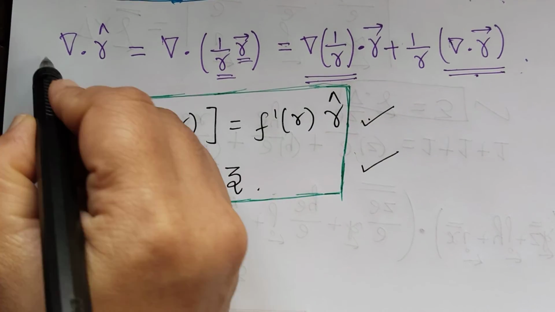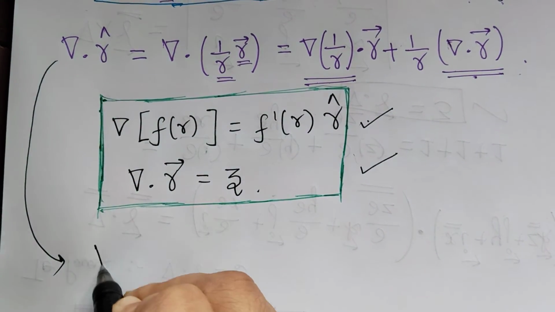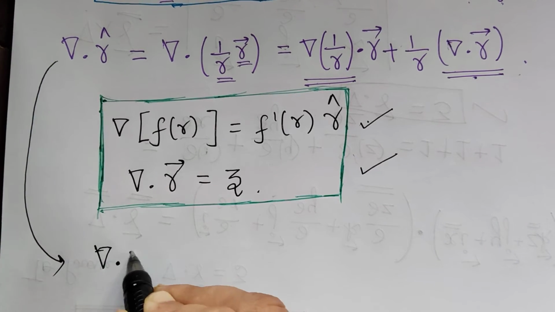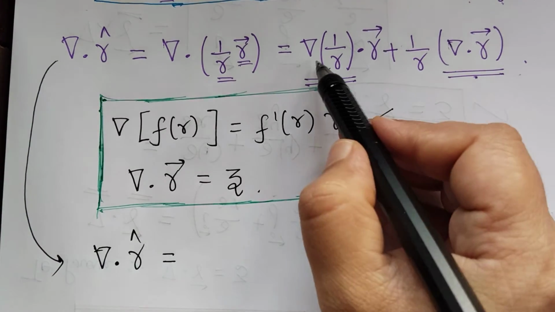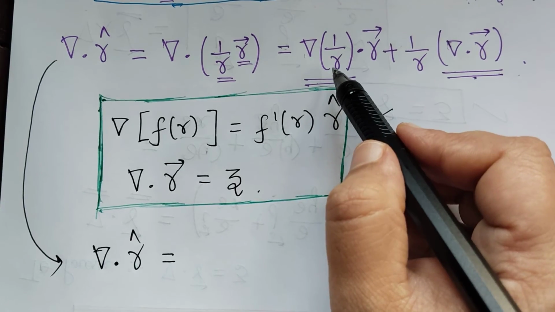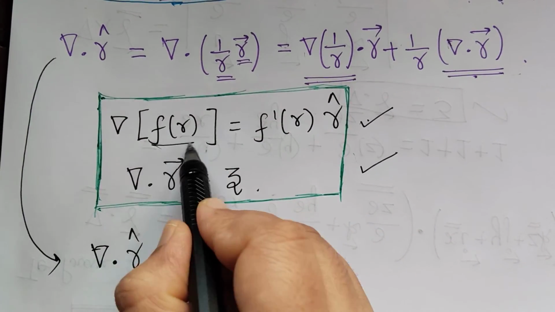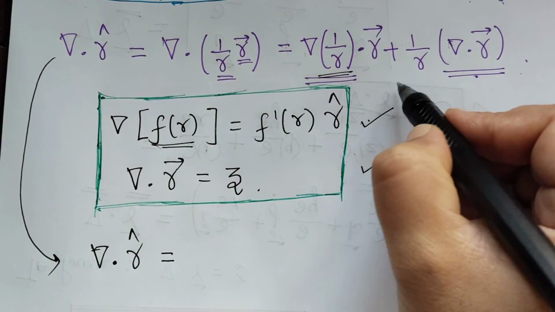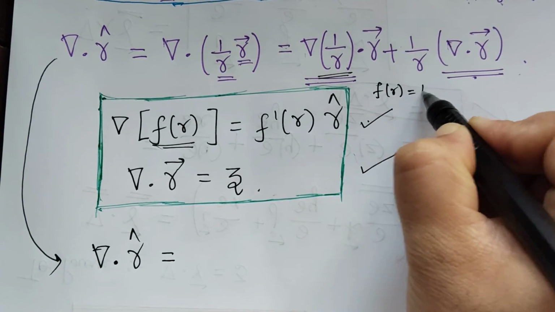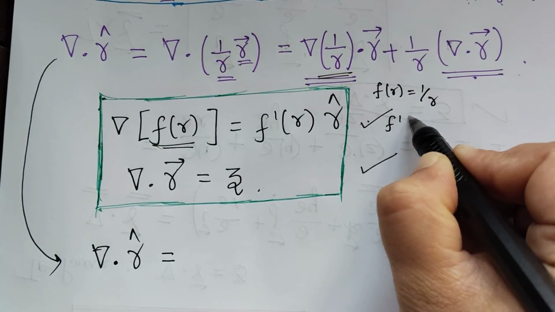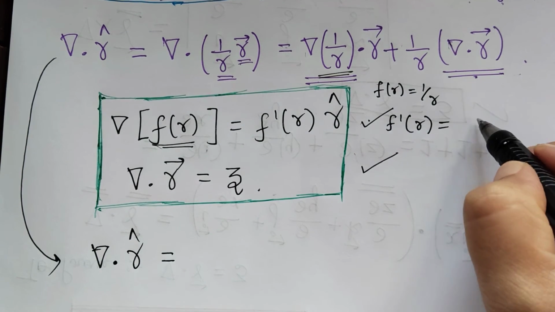When we apply that, nabla dot r cap is equal to, first we have nabla 1 by r. So instead of f of r, we have 1 by r. So f of r is equal to 1 by r. What will be f dash of r? Differentiation of 1 by r.